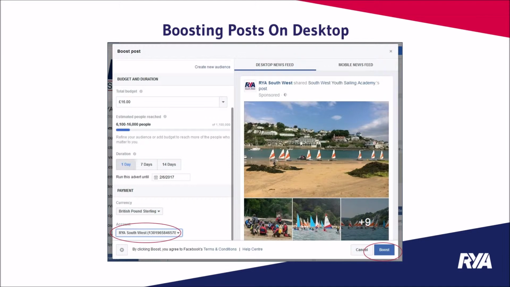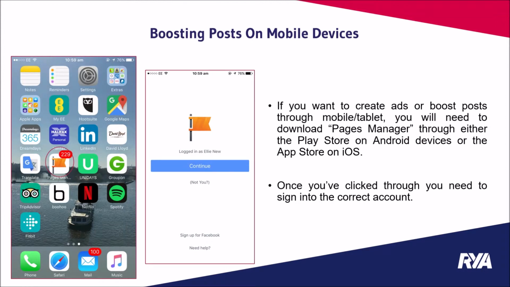And it's that straightforward. If you're boosting from your phone, what we'd really encourage you to do is download an app called Pages Manager. Then boosting will be a lot more straightforward than going through the Facebook app.